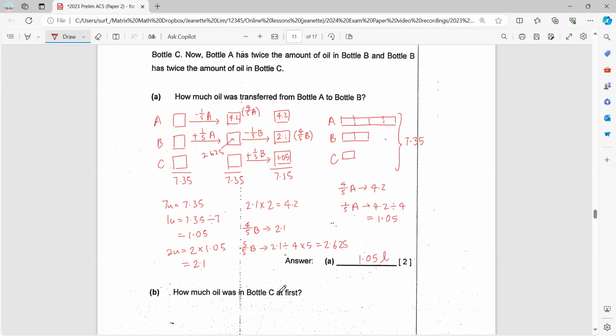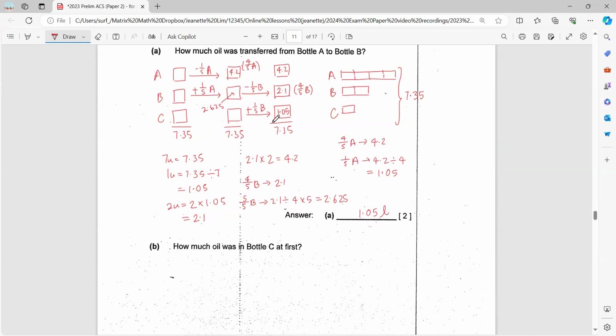Part B, how much was in C at first? So C at first is actually the same as this one here. To find this, we'll take the total, 7.35 minus A minus B. 7.35 minus 4.2 minus 2.625, which is 0.525 liters.